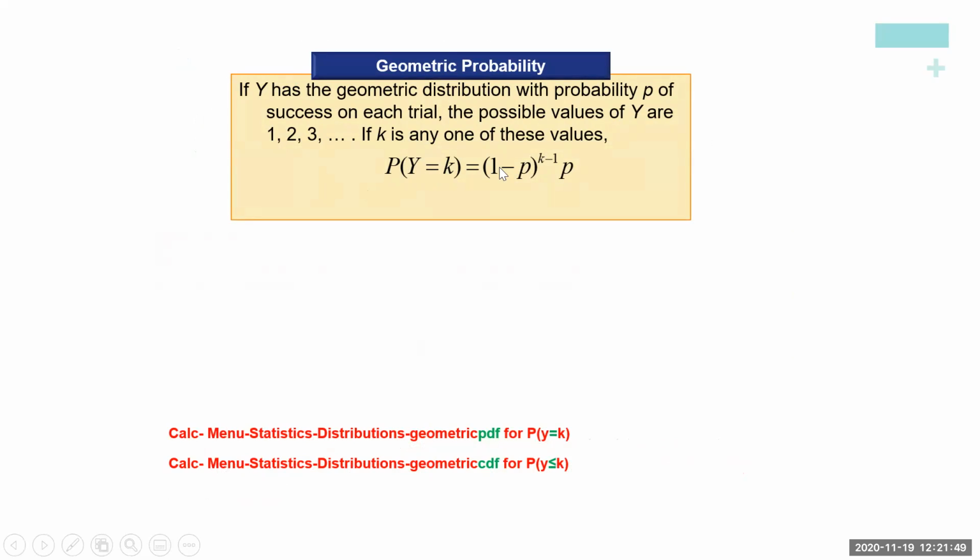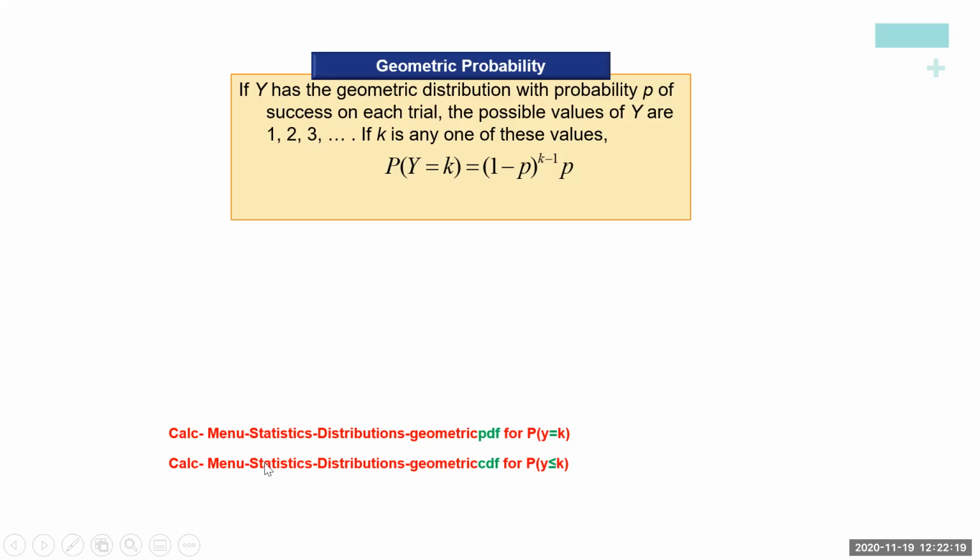P(y = k) equals 1 minus p, the complement of the probability of success, so the probability of failure, raised to k minus 1, times the probability of success. Luckily, a calculator will do that work for us, just like with binomial, except if I don't have a fixed number of trials, if it asks what's the probability until I get so many times occurring, then that's going to be a geometric PDF.